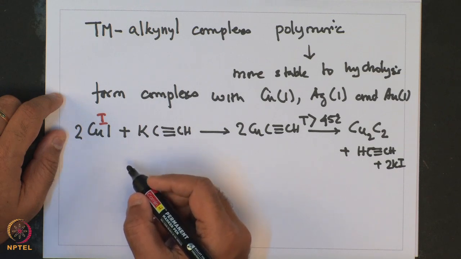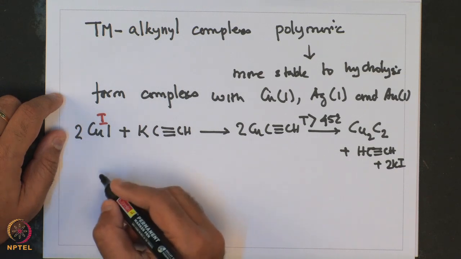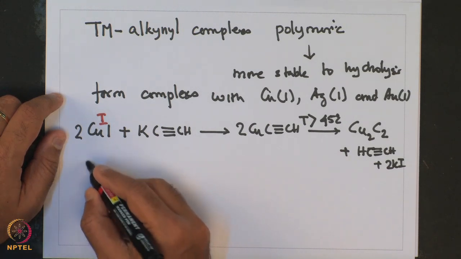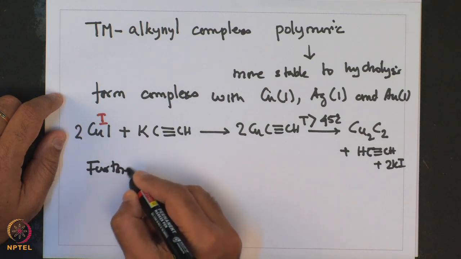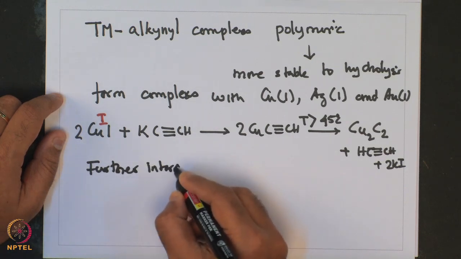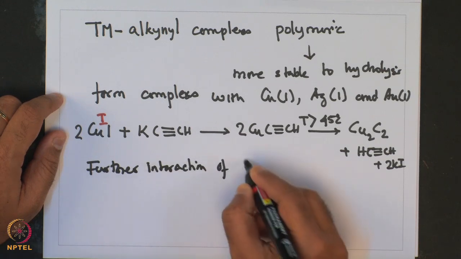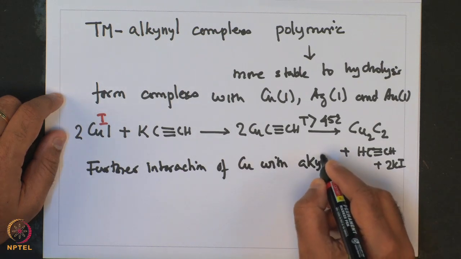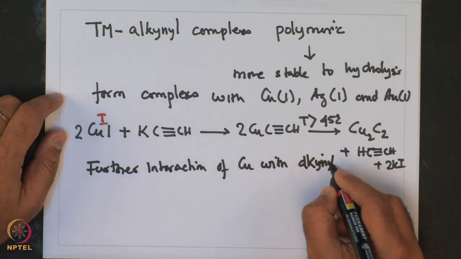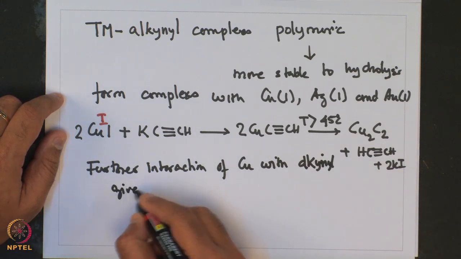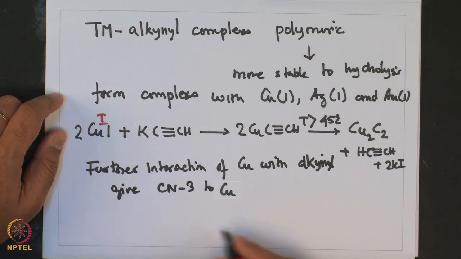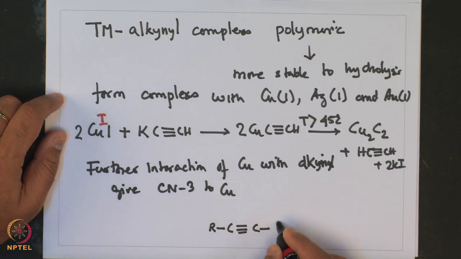Now, further interaction of copper with alkenyl ligand gives coordination number 3 to copper, and that is illustrated by the example over here. For example, here is a copper acetylide.